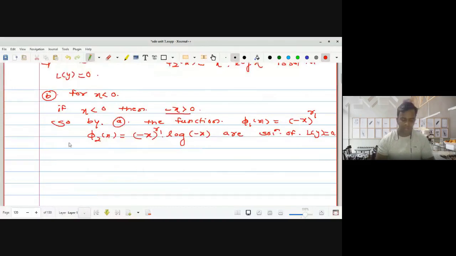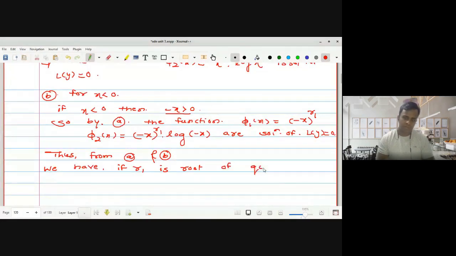Okay. Thus, from A and B, we have if R1 is root of Q of R is equal to 0, of multiplicity two.